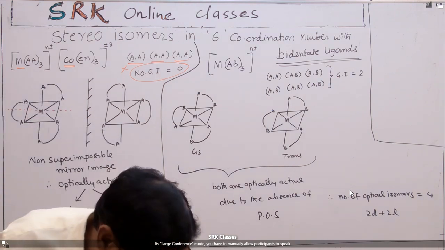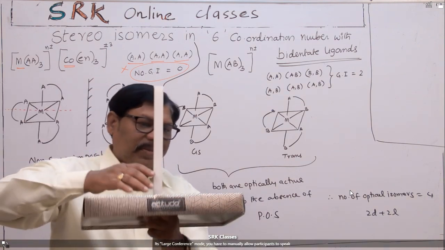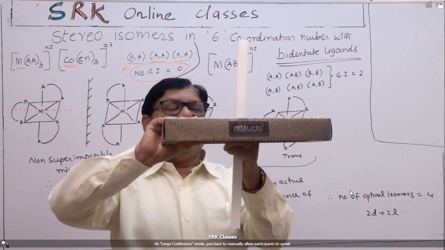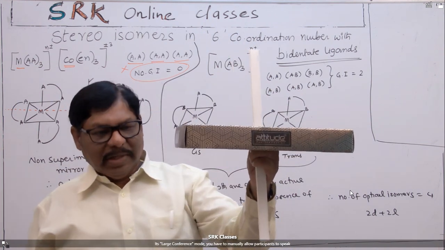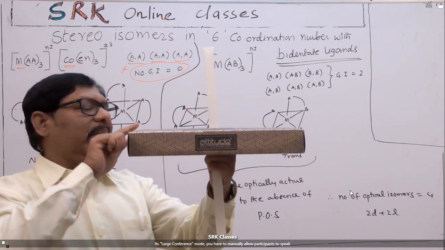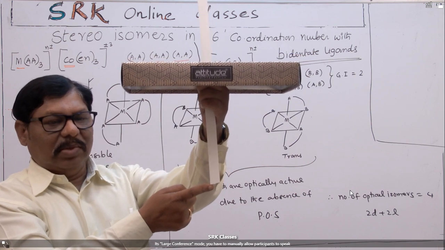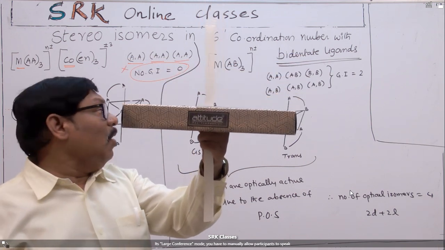I'll take one example here. Look at this one. Here I have taken an octahedral molecule. These are the 4 corners: 1, 2, 3, 4. This is the 5th one, this is the 6th one. It's an octahedral molecule. Now look here.